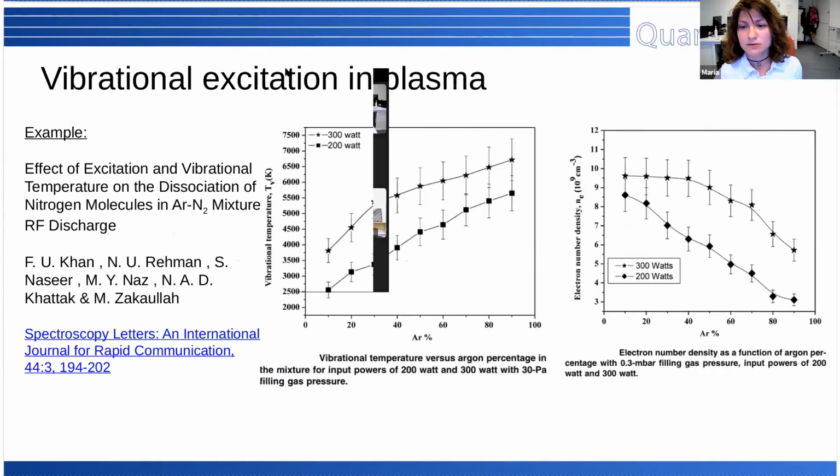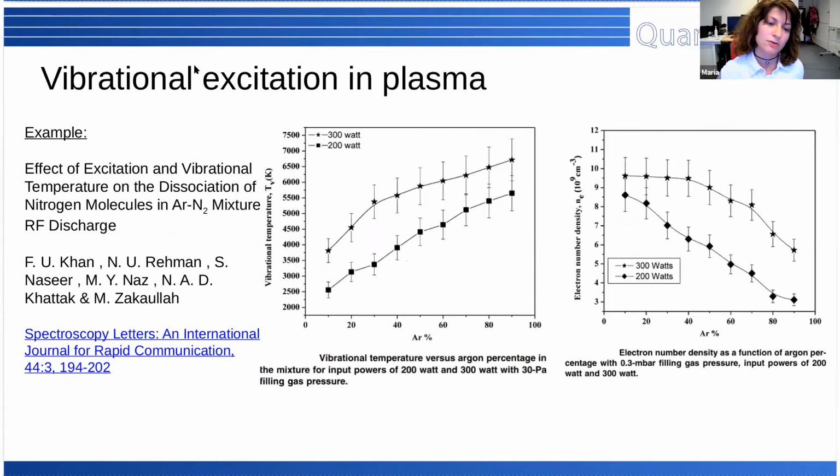The graphs shown here show how the concentration of argon and the vibrational temperature and the electron number density are all dependent on each other. So the only thing to take from here is that it's extremely important to include all data correctly, but also vibrational excitation plays an important role and has to be computed properly and included in the data set.